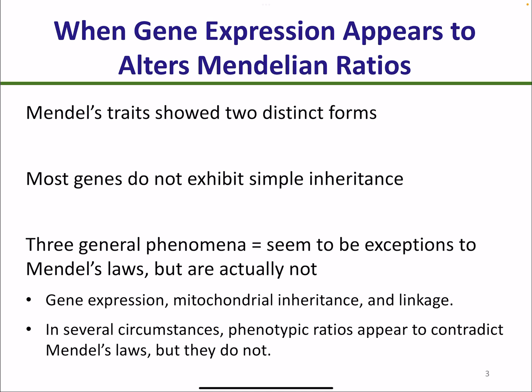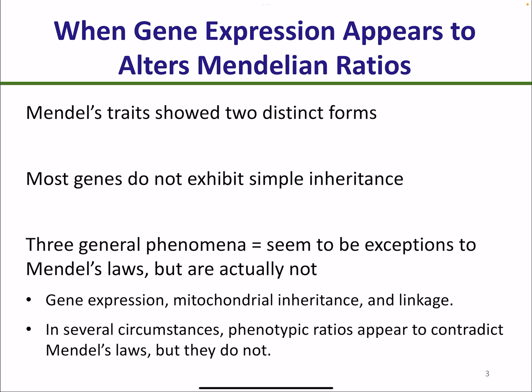You have in the population multiple alleles of the same gene, and these alleles are going to behave differently. We are going to see that a little later as we develop this chapter.